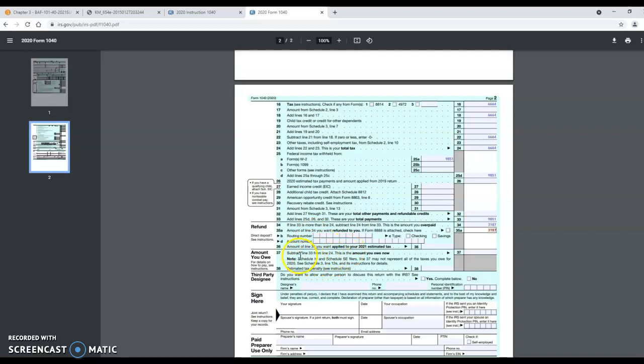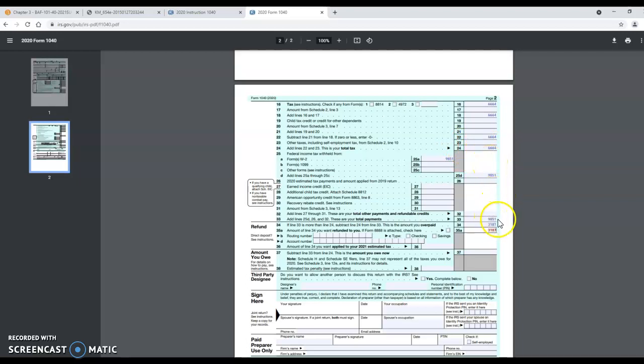Now, remember back in line 34, if line 33 is more than 24, so we checked that and we said yes, it was. So then we continued on with that line. What if line 24 was 10,664?